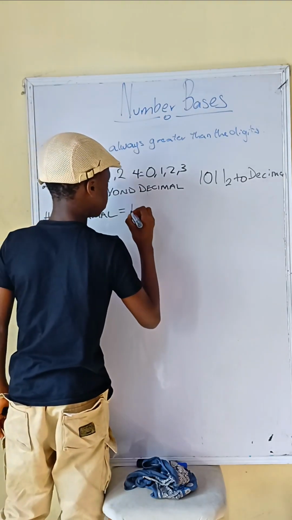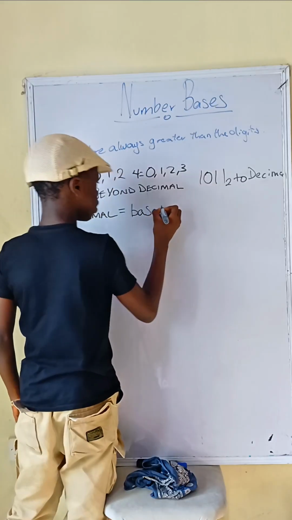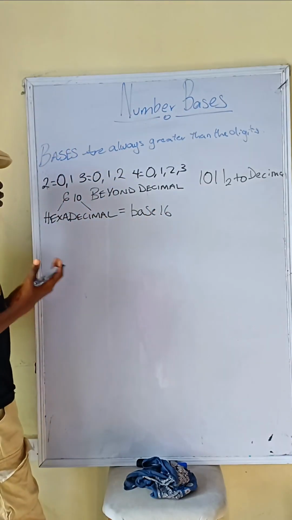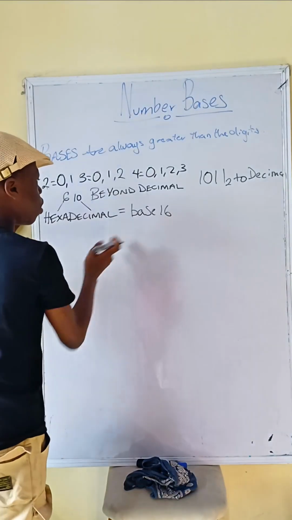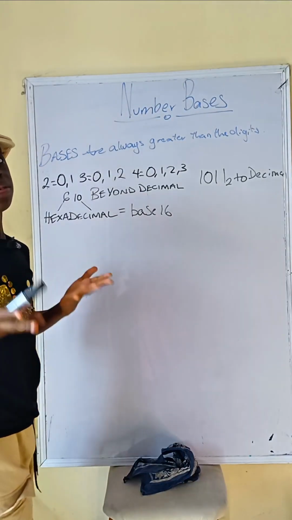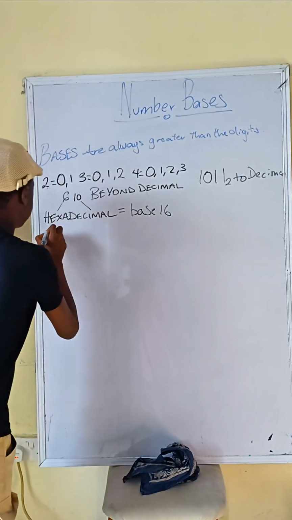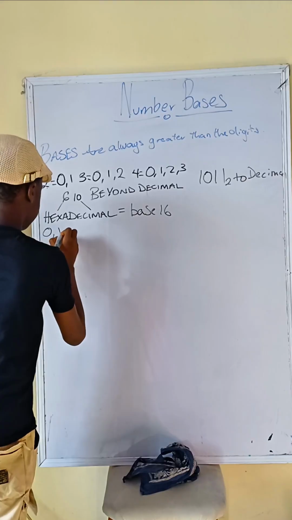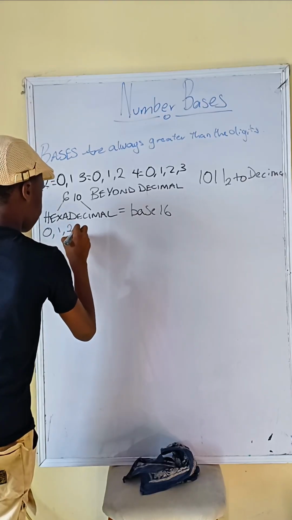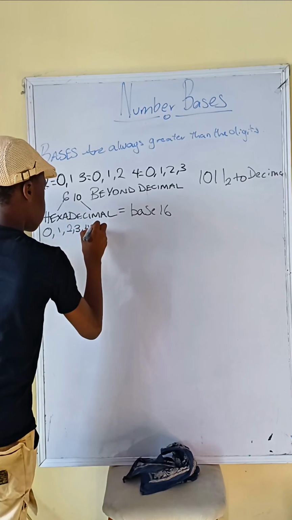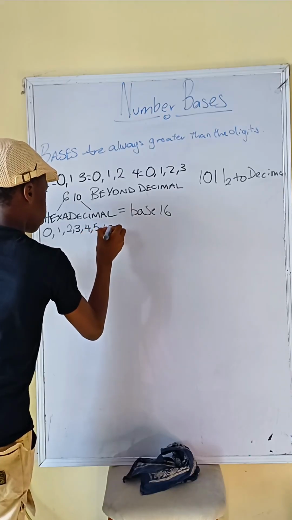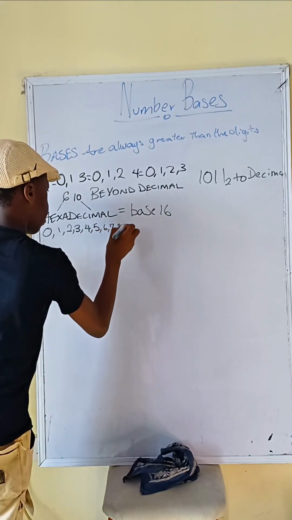So that means it's base 16. So when we want to write the digits for base 16, they are 0, 1, 2, 3, 4, 5, 6, 7, 8, and 9.